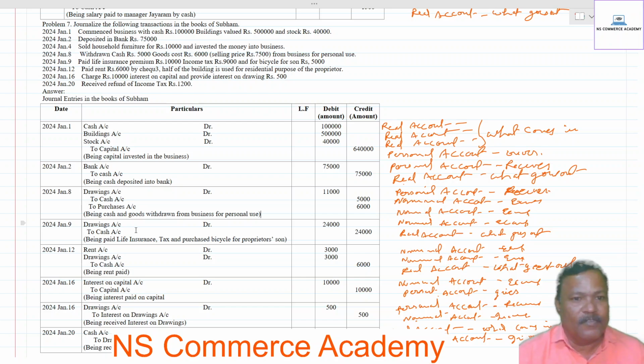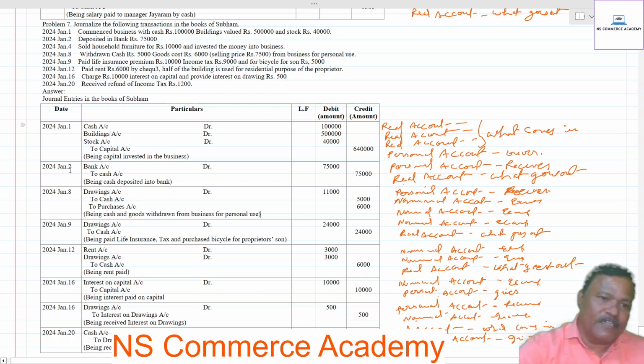That's why we have to debit half of the amount, 3,000, to rent account and the remaining 3,000 to drawings account. So first write the date 2024 January 12th in the date column. Next, rent account debit 3,000, drawings account debit 3,000, to cash account 6,000.